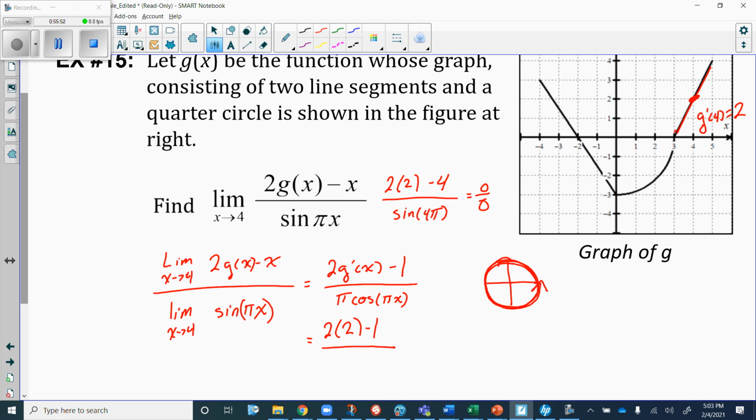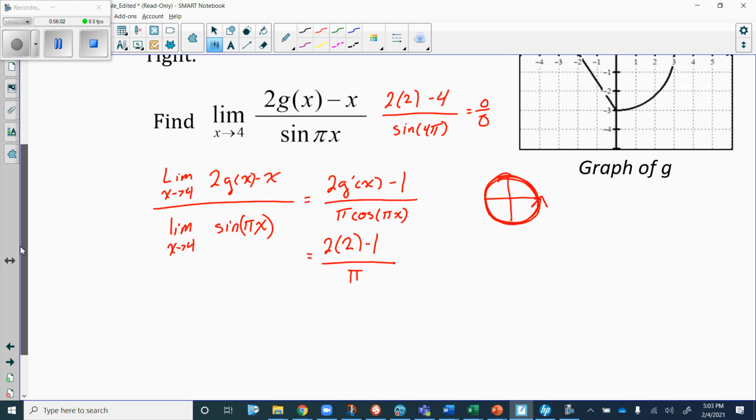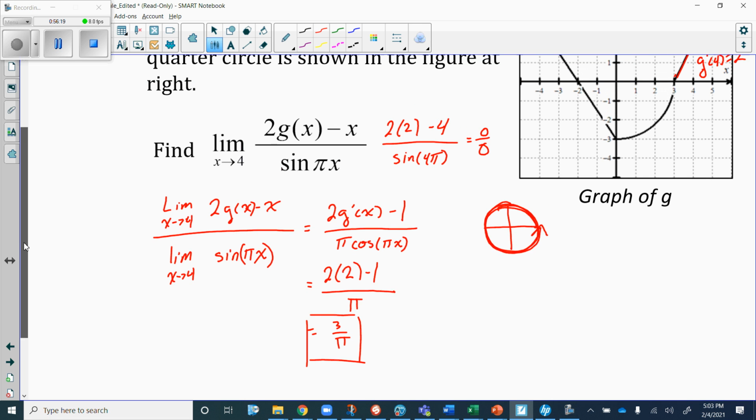So cosine of 4 pi in this case is 1, so that would be pi in the denominator. So we wind up with 4 minus 1, 3 over pi. Looks like it's going to be our limit for that particular function as x approaches 4. Or not the graph itself, but the overall function.